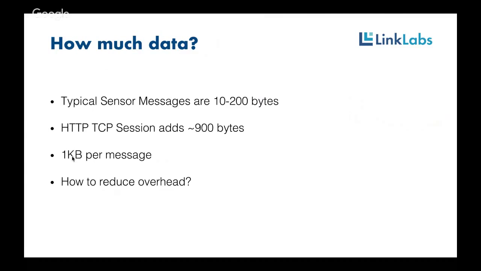Now, one of the things we're very focused on at Link Labs is how you get that data bill on LTE-M or another technology closer to the actual payload that you're using. And there are all sorts of ways to do that using different protocols, compression techniques, binary protocols, UDP sessions, etc. But the rule of thumb I always like to use as an entering argument is, if you're using an IP-based network technology, assume you're using a kilobyte for every message that you're sending when you're calculating how much data you're going to need to buy from the mobile operator.